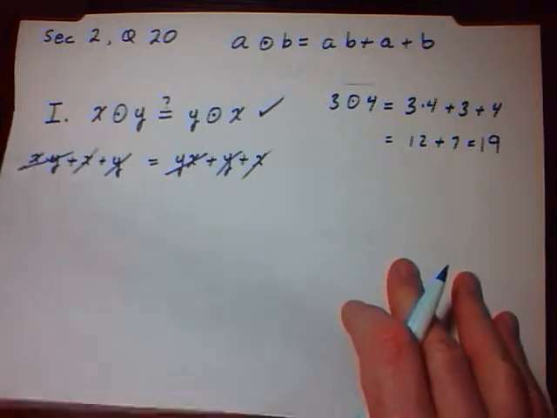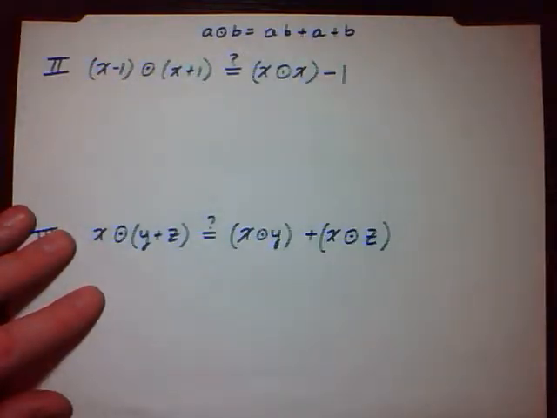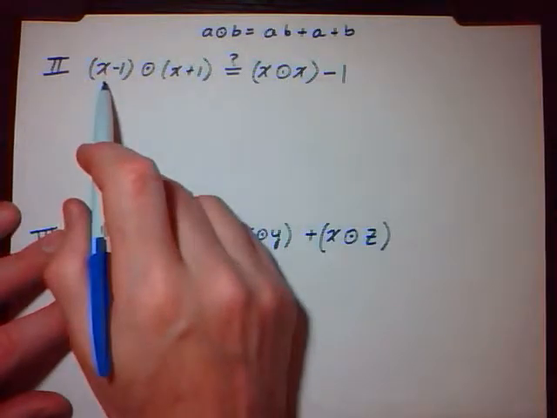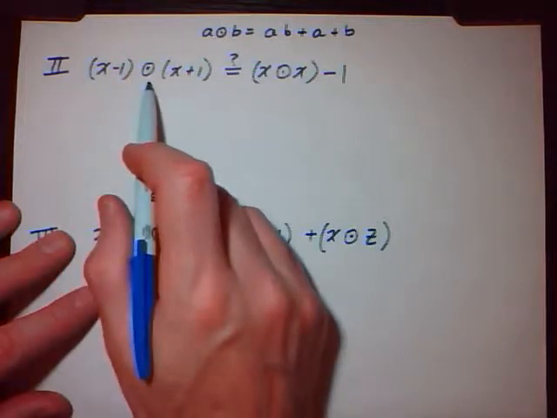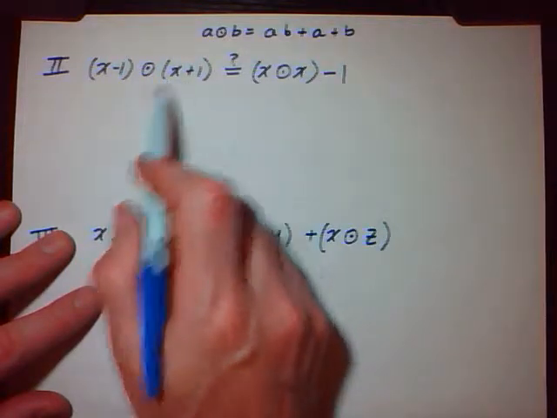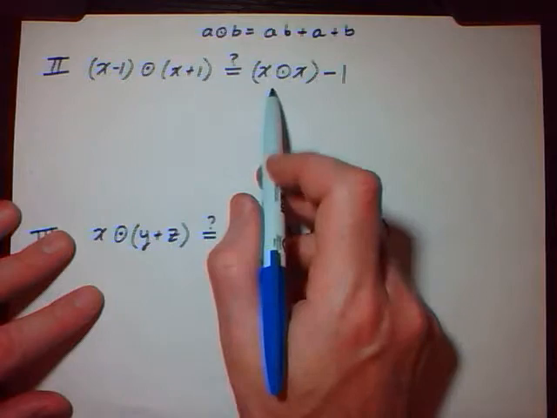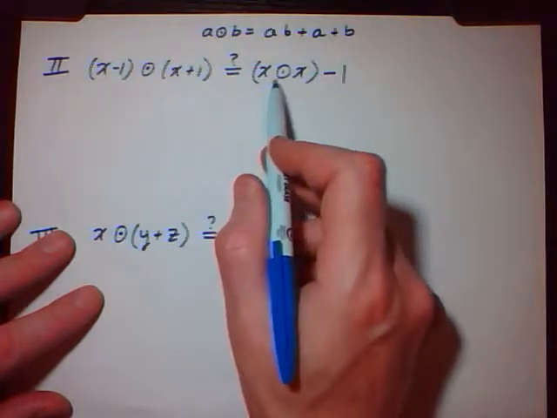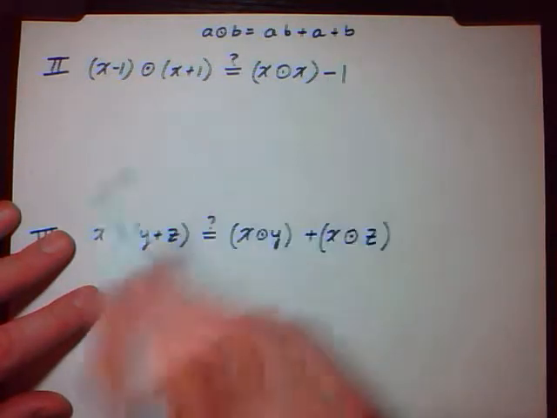The next one we're asked is, x minus 1, the quantity, circle dot, the quantity x plus 1. Does that equal the quantity x, circle dot x minus 1?